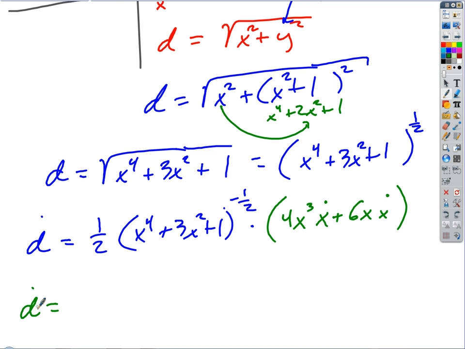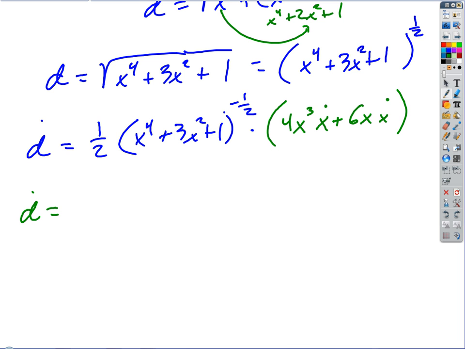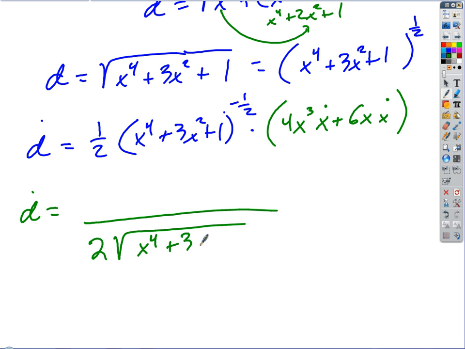So on the bottom, we get 2 times the square root of x to the 4th plus 3x squared plus 1. What are we left with on the top? It looks like 4 times 2 is going in for the x dots, so 8x cubed plus 12x. And I could cancel a 2 top and bottom.